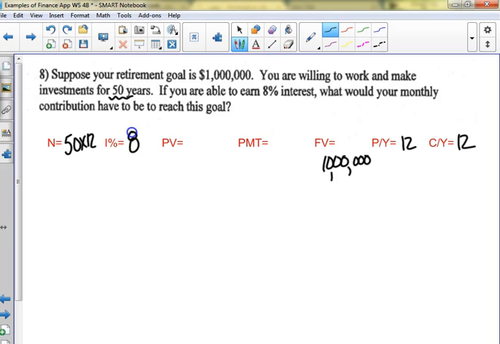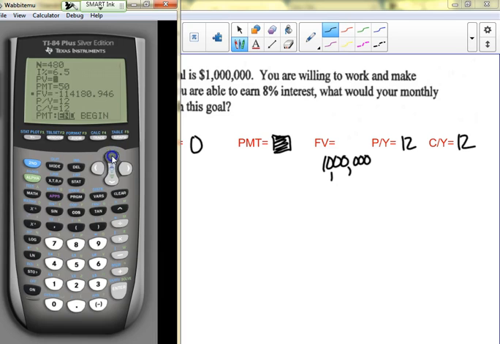This time we're going to get 8% interest. Present value is still 0. What do we need to be socking away every month to become millionaires in 50 years? 50 times 12, 8% interest, and our future value, we want it to be $1 million.